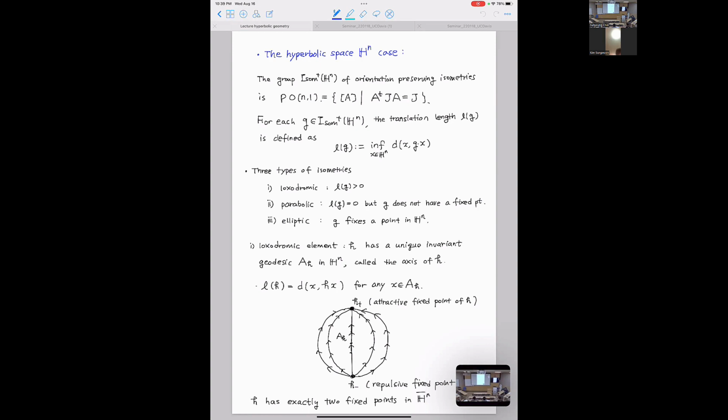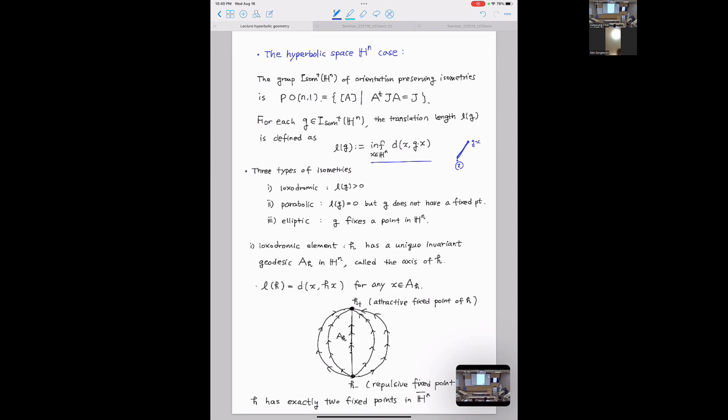Then for each isometry G, you can define a number, the so-called translation length, which measures the distance between x and Gx, taking the infimum over all x in hyperbolic space. So there are then three types of isometry: loxodromic, parabolic, elliptic.